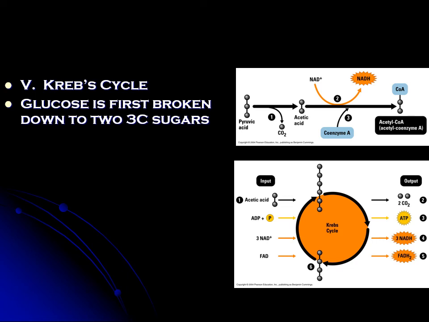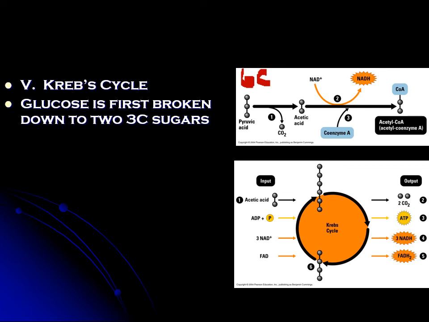So glucose is first broken down into two 3-carbon sugars. We're first starting off with a 6-carbon sugar, and then that's broken into a 3-carbon sugar. We don't need to know the name of it, but if you count, these dots are the carbons.